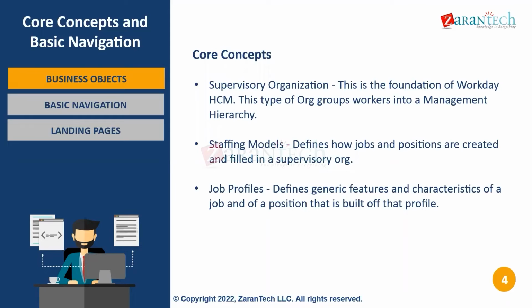So a cost center can have its own structure as well, which can be very different from the usual structure. Your company might have different departments, which are called organizations, the normal supervisory organizations, but there could be cost centers which are also there. But primarily, the supervisory organization is the place where people are tagged, and it is the overall hierarchy of the organization.